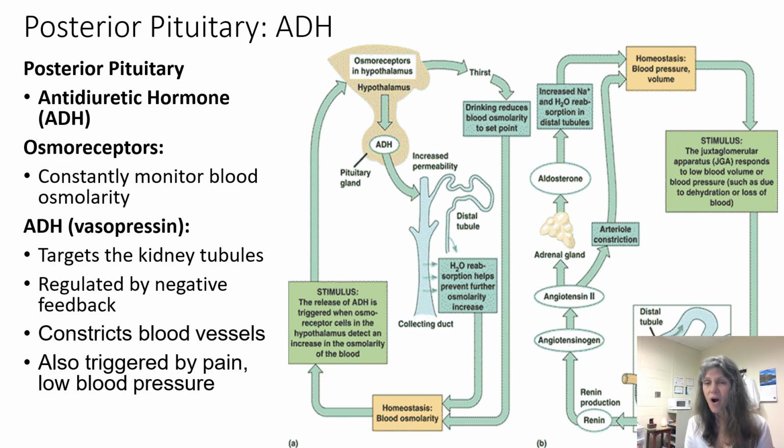If we look at the picture on the right, you'll notice that if blood pressure or volume decreases, there are special pressure receptors, baroreceptors, in an area of the kidneys, and you'll see this at the bottom right of the screen, where we have collections of cells known as the juxtaglomerular apparatus.